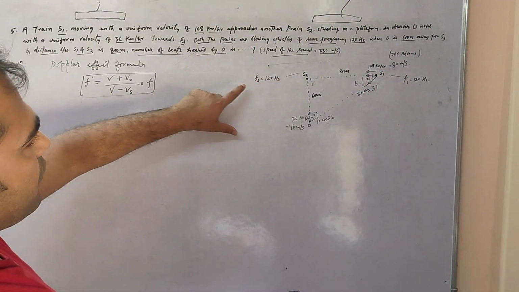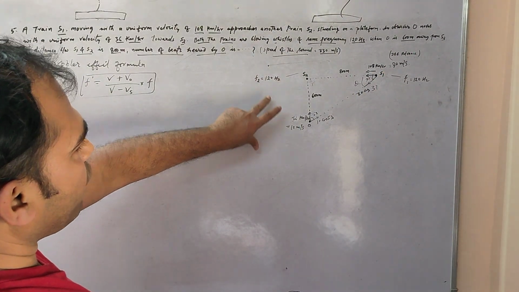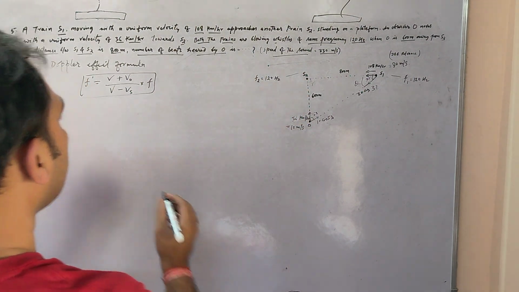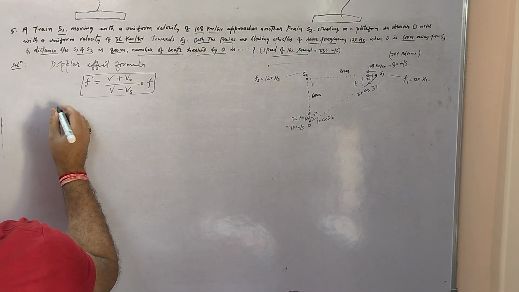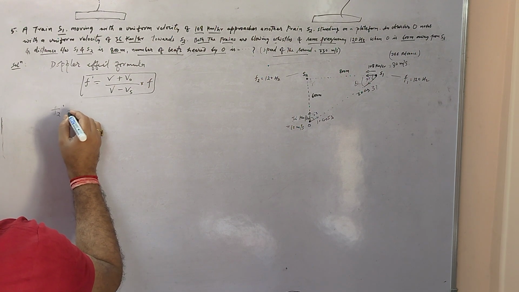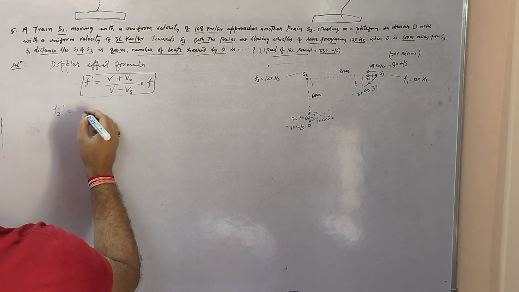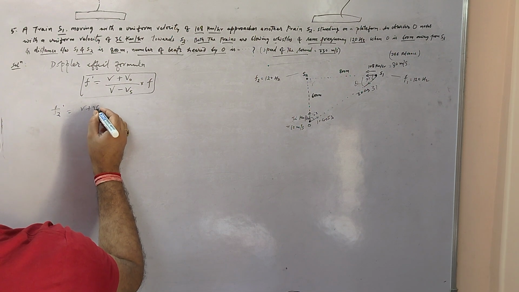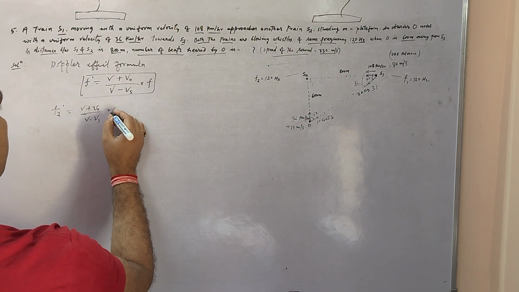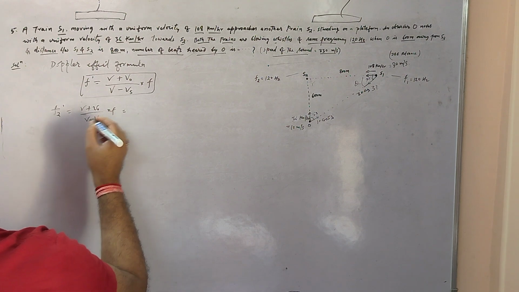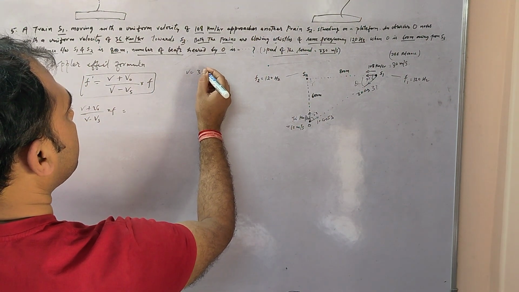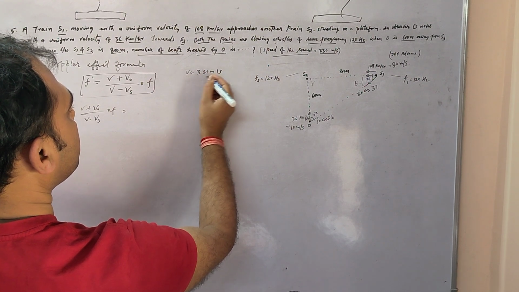What will be the observed frequency from S2, means F2 dash? F2 dash will use this formula, V plus VO by V minus Vs into F. Here in this case speed of sound V is given, 330 meter per second.